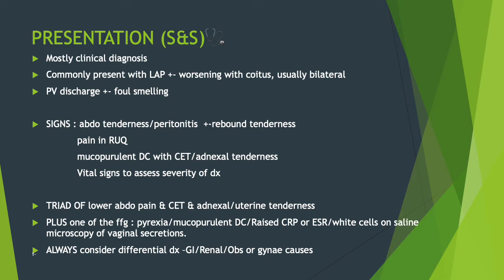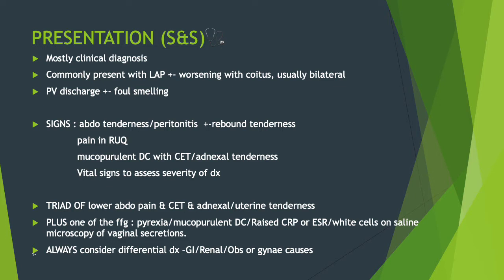The clinical signs associated with pelvic inflammatory disease depend on the stability and the severity of your patient, but they mostly include abdominal tenderness or peritonitis with or without rebound tenderness, pain in the right upper quadrant, in particular with consideration of Fitz-Hugh-Curtis syndrome, and a mucopurulent discharge associated with cervical excitation tenderness or adnexal tenderness.